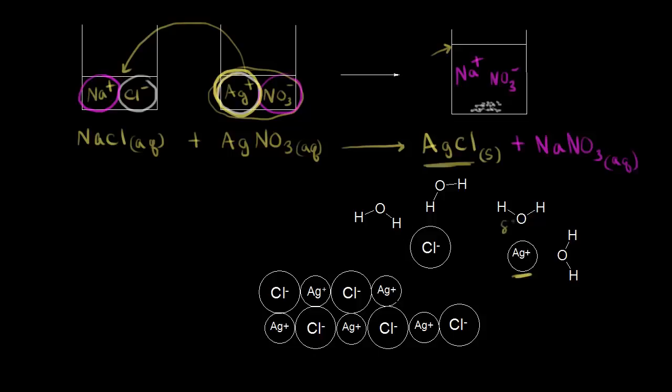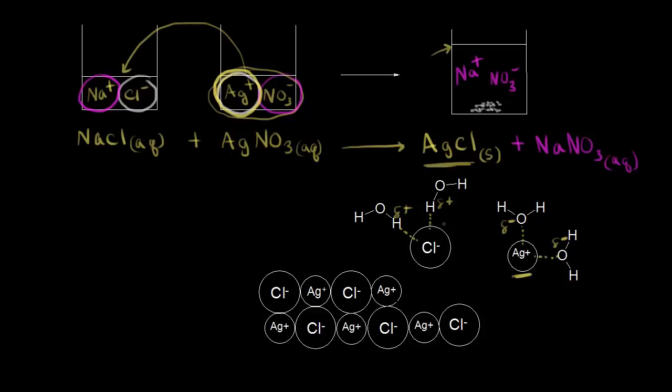So these oxygens are partially negative right here, and since opposites attract, there's a force holding that ion in our solution, right? The forces of hydration. Same thing for the chloride anion, right? The partial positive charge on the hydrogen, opposite charges attract, and so those water molecules are stabilizing the chloride anion in solution.